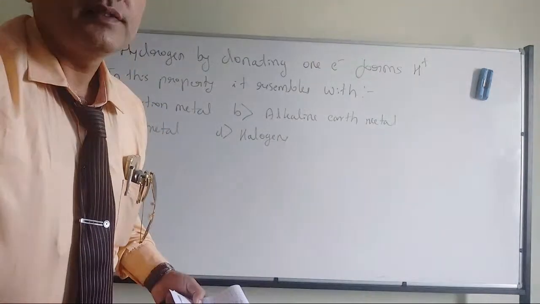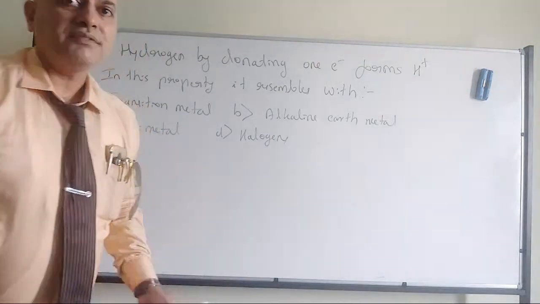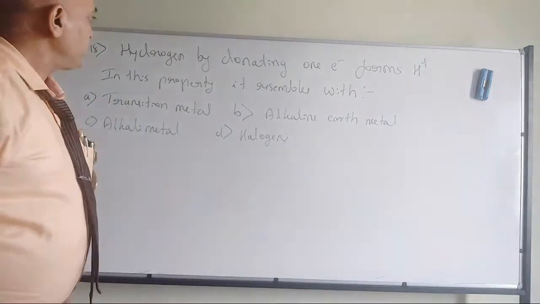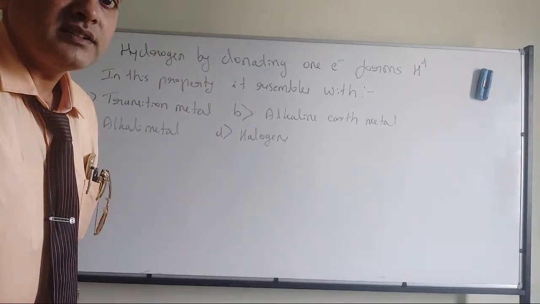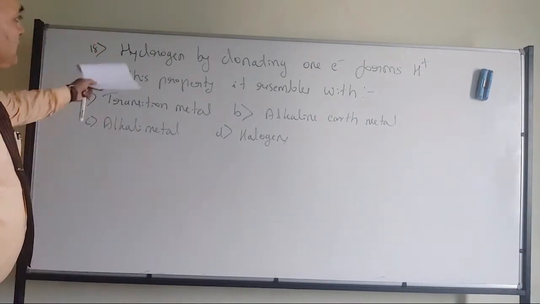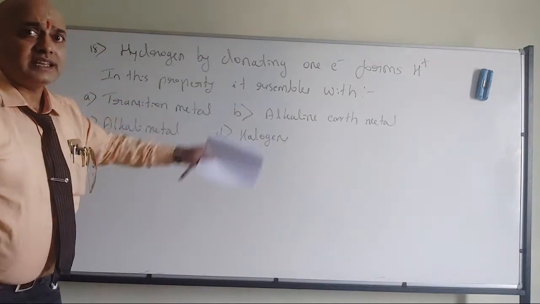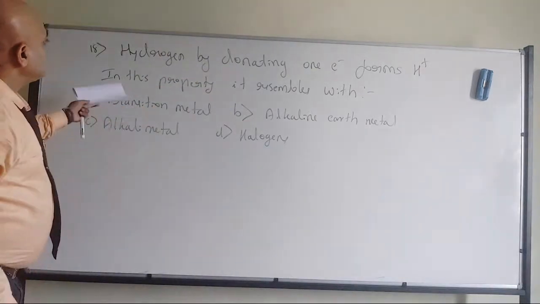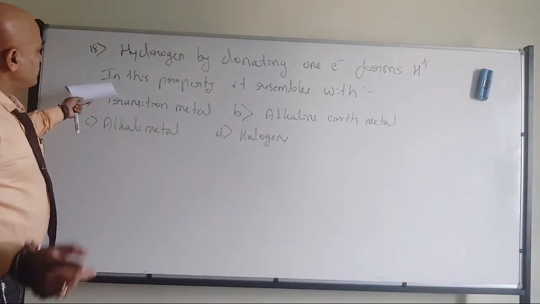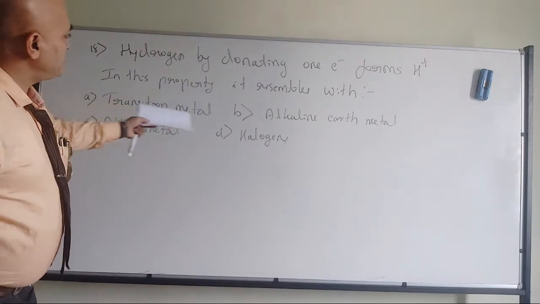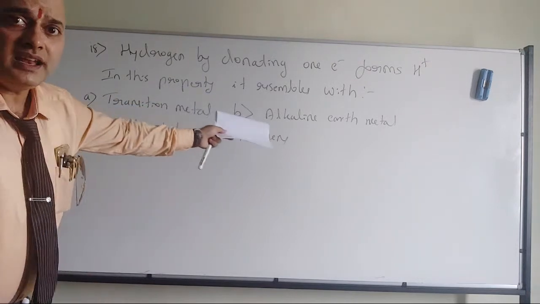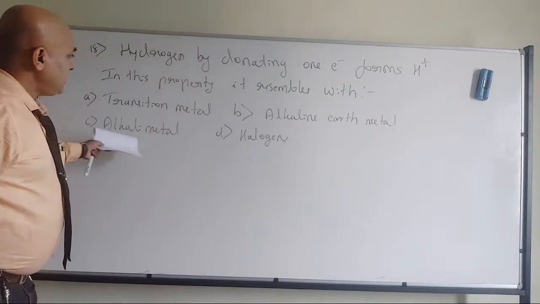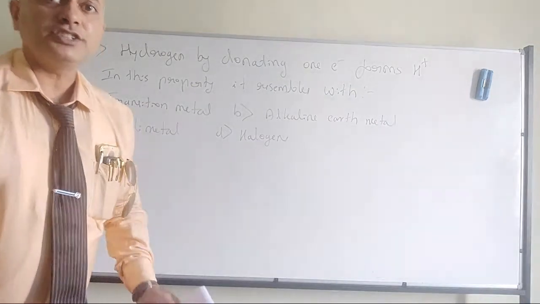Right? So this is where we have the question. What is that question? Hydrogen by donating one electron forms H plus, that is proton. In this property it resembles with transition metal, alkaline earth metal, alkali metal and halogens.